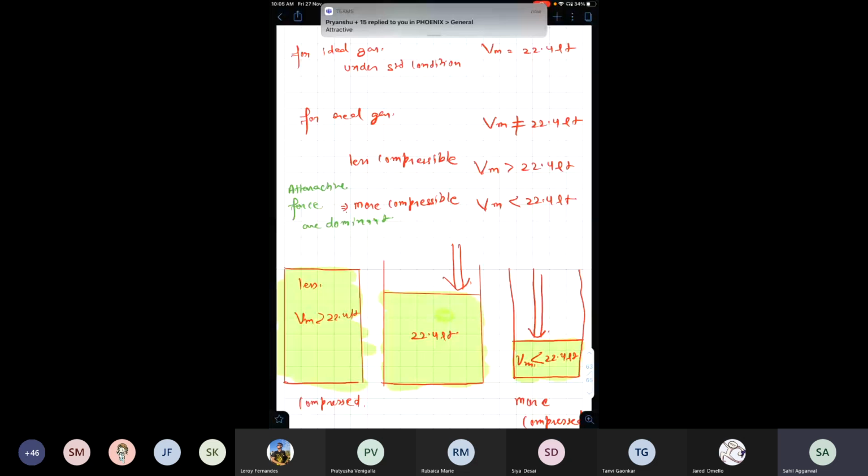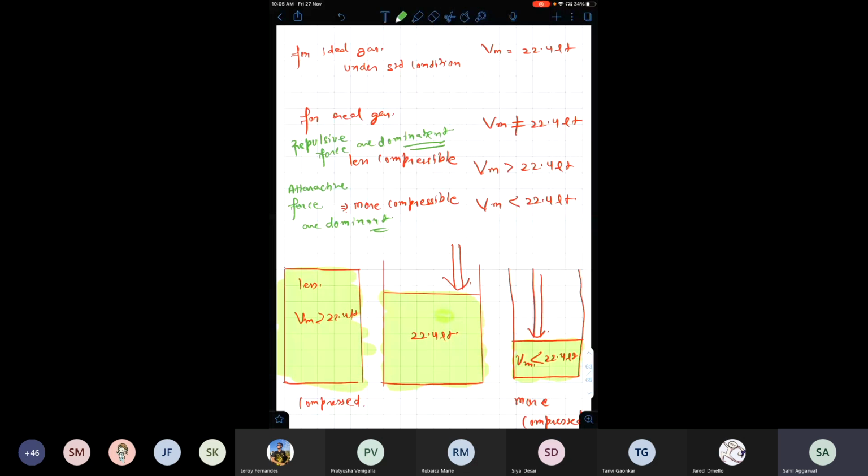Understood? What will you say about ideal gas? Attractive forces are dominant or repulsive forces are dominant? For ideal gas, what will you say? Equal.